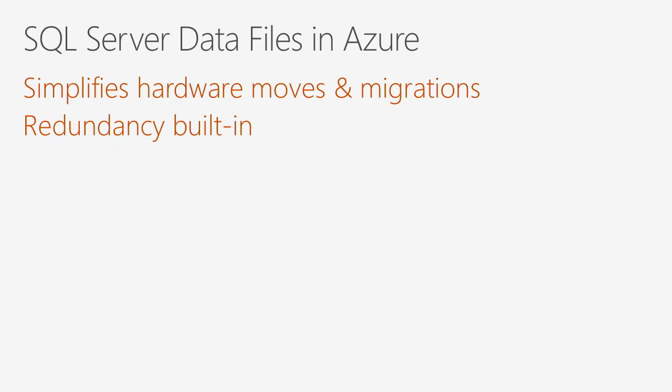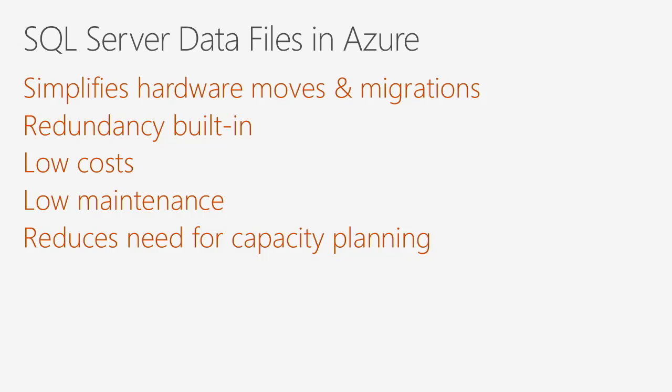Your redundancy is built in, so it's in a storage blob. You've got multiple replicas of that. Storage in Azure is cheap, as opposed to storing files and buying hardware and SANs. It's low maintenance. We maintain all of the storage for you.